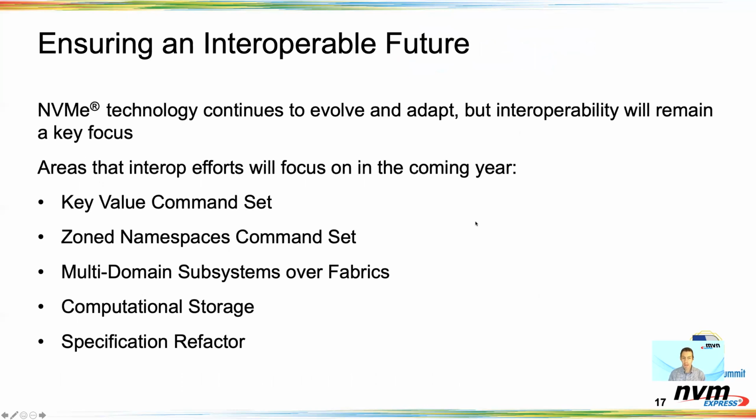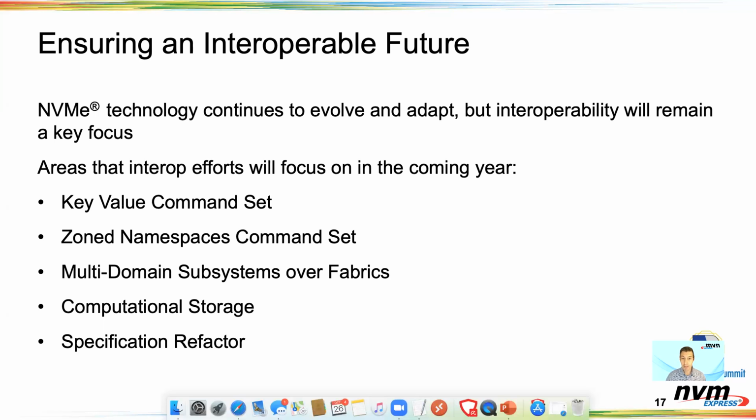So now we want to talk a little bit about what's coming down the pipe. As I mentioned before, there's a lot of buzz and excitement around new features that are being added to the specification. A lot of talk about zone namespaces and the like. And if there's one thing I would take out of this presentation, it's that NVMe has really put an excellent foundation in place and excellent processes in place that have given us interoperability this far.